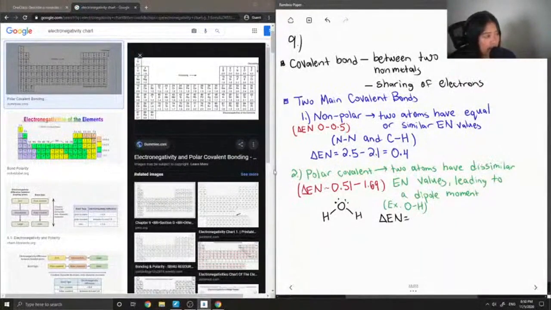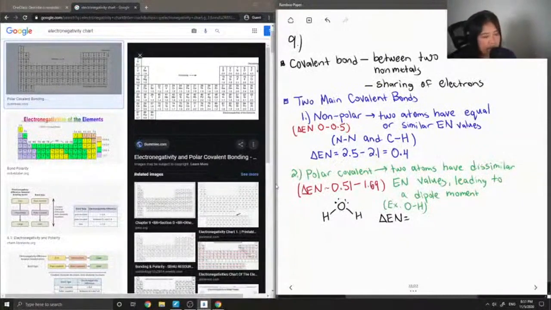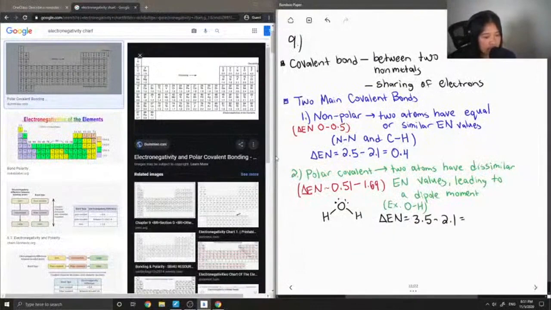Let's look at the chart on the left. The electronegativity of oxygen is 3.5, and the electronegativity of hydrogen is 2.1. So this gives us a difference of 1.4, and you can see that it fits in the range of the polar covalent bonds.